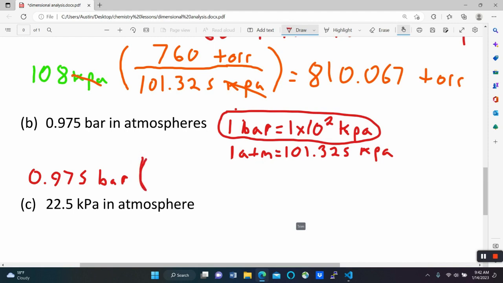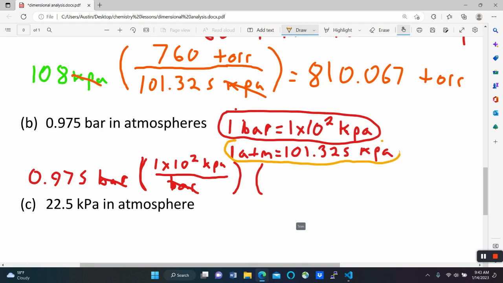So 0.975 bar multiplied by 1 times 10 to the second kPa over 1 bar. The purpose of this conversion factor is to eliminate the bar term from our equation. Then we would multiply our expression by the second conversion factor, in which 1 ATM is defined as being equal to 101.325 kPa.